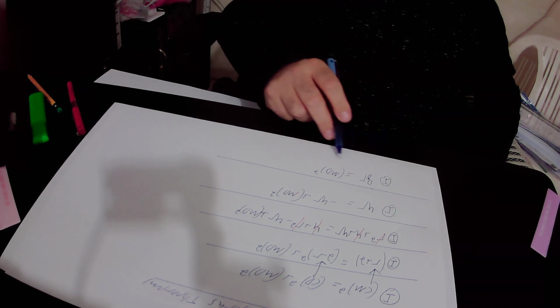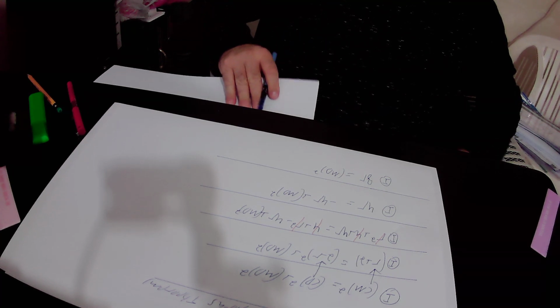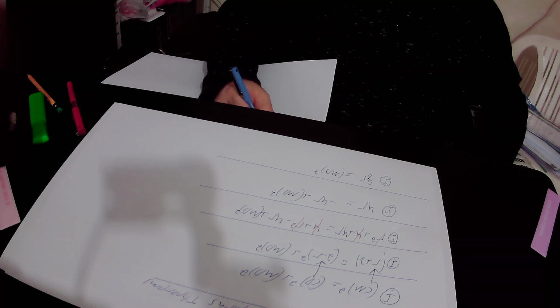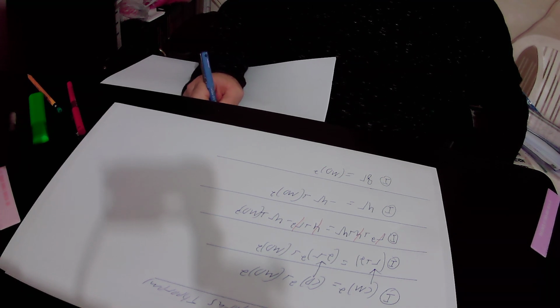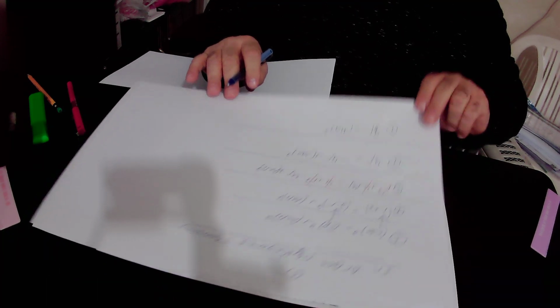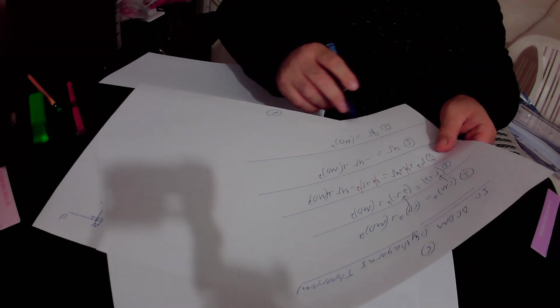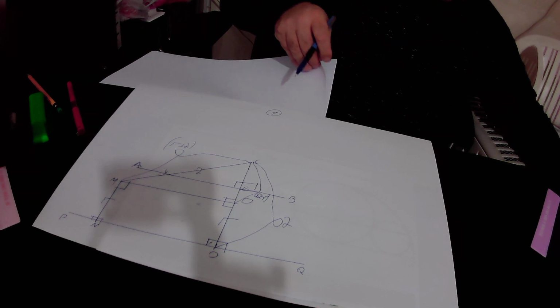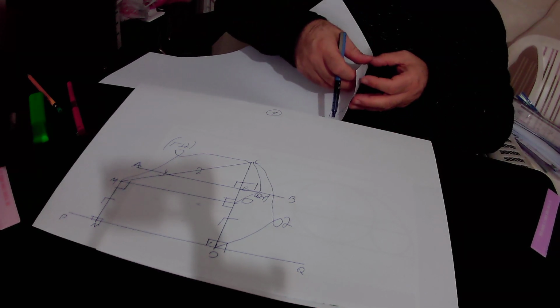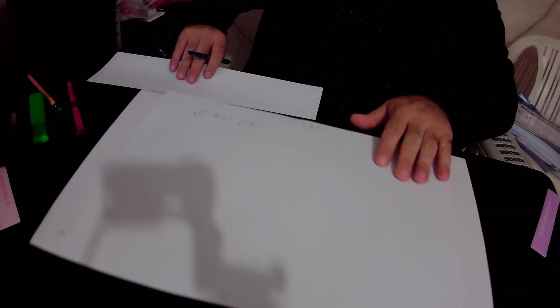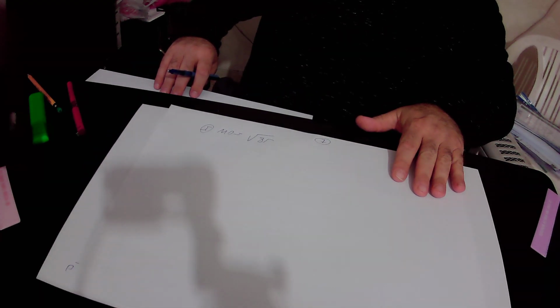Here we will take a root of this equation, and we will get that MD equals the square root of 8r.